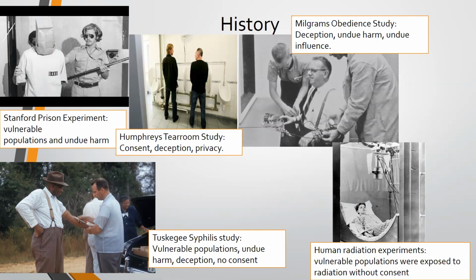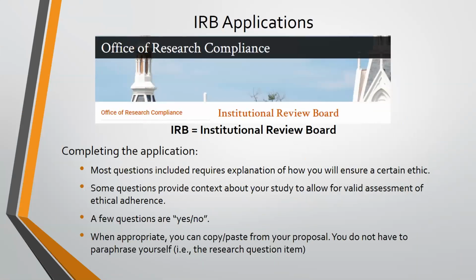But before we started getting consent from these participants, they were doing these experiments on people and exposing them to radiation without them knowing what was going on. And so all of these hoops, quote unquote, that you have to jump through when you go through research have a very strong background and solid rationale for why we have to do things like informed consent, and why we have to very carefully select our participants and how we treat them.